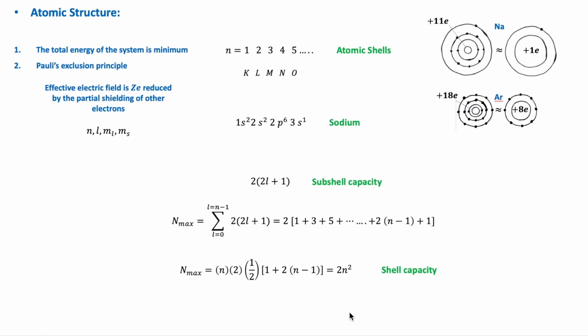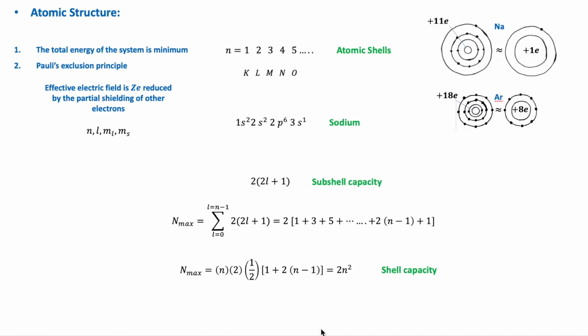For a certain electron, this effective field is approximately that produced by the protons in the nucleus, which is Ze, decreased due to the partial shielding of the other electrons that are close to the nucleus, okay?